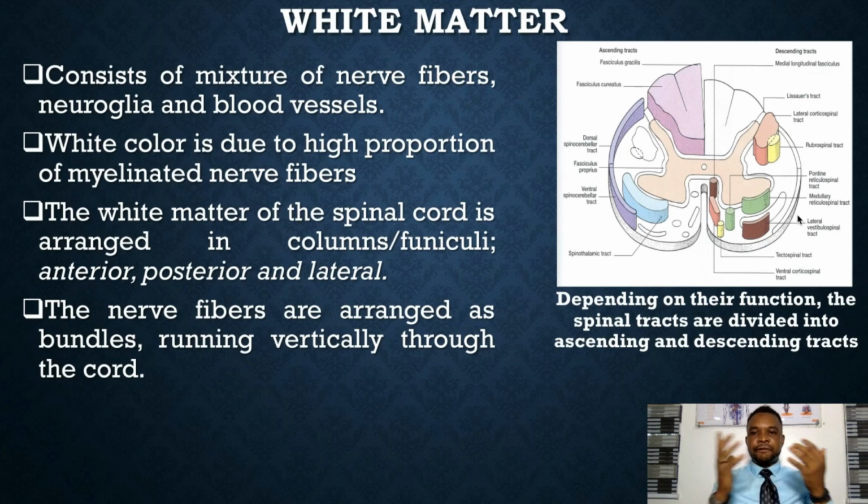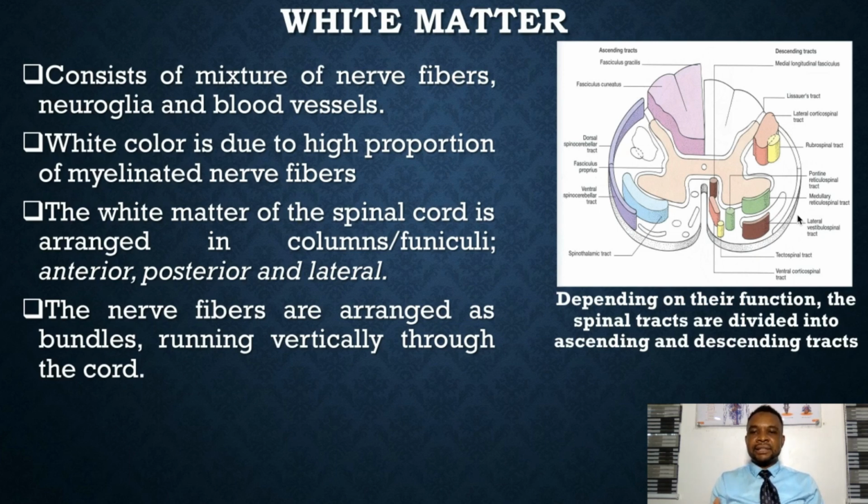These nerve fibers are covered by myelin sheath, which helps in faster propagation and transmission of impulses. So the white matter of the spinal cord is arranged in columns or funiculi.